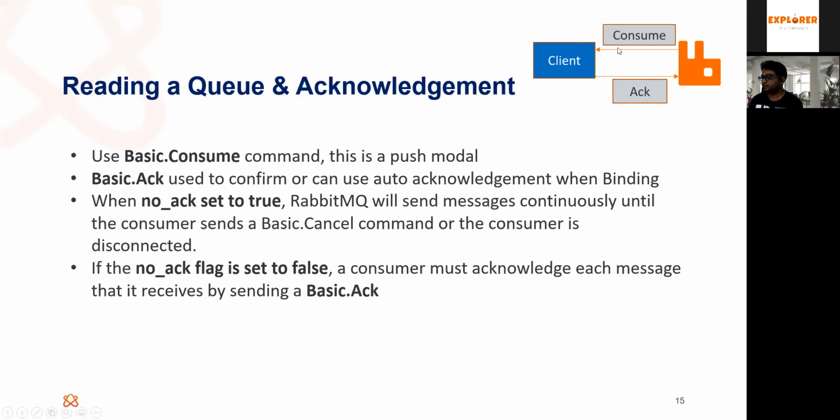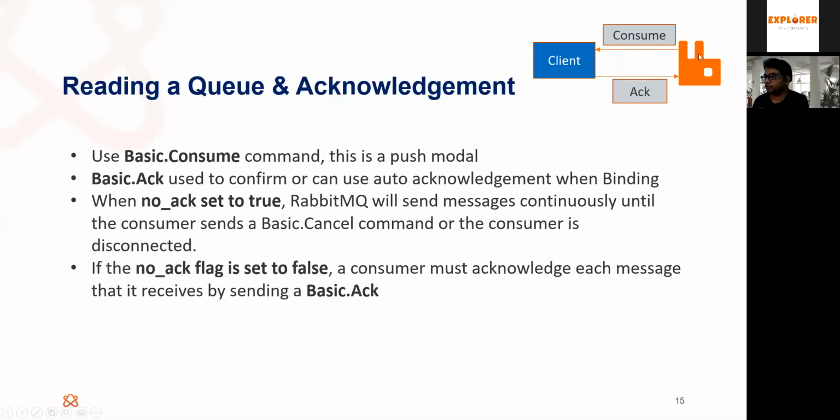A client will consume a queue so that it will start to get all the messages. Let's say I start to consume a queue with the name ABC. The client asks RabbitMQ that it wants to consume this queue. Then RabbitMQ will send all the messages. To let RabbitMQ know that the client received the message, it has to send an acknowledgement.